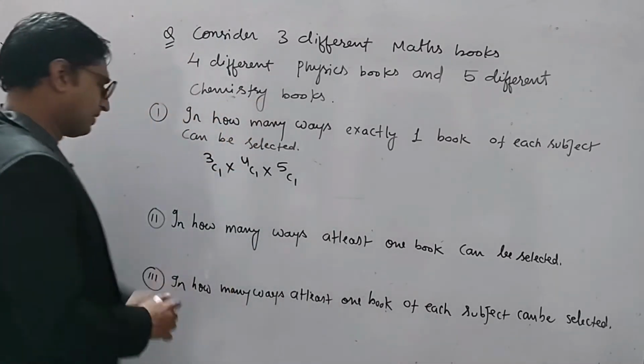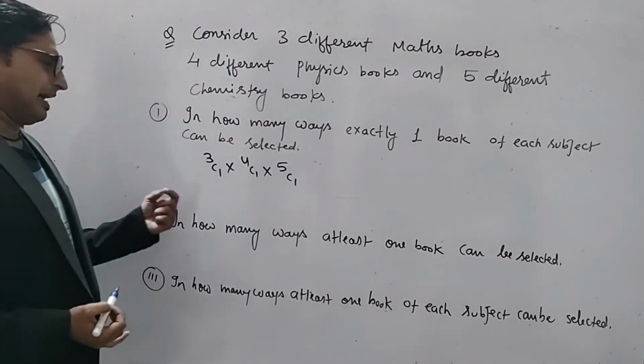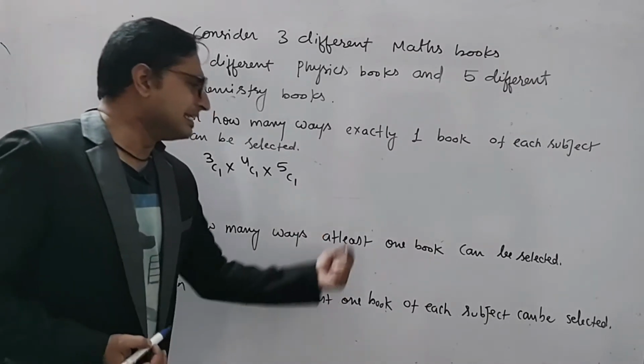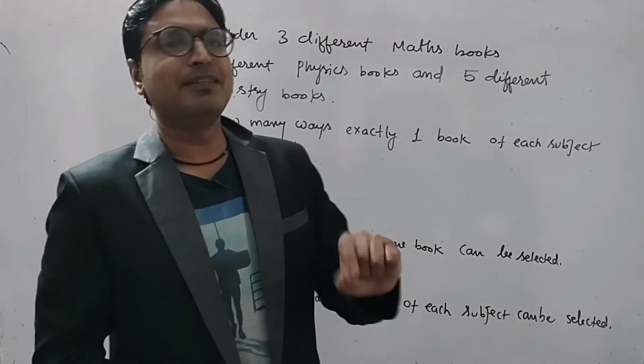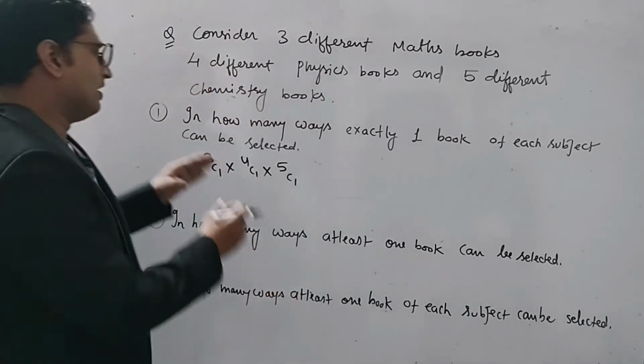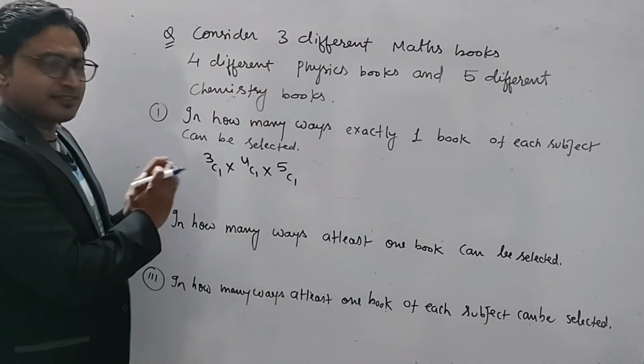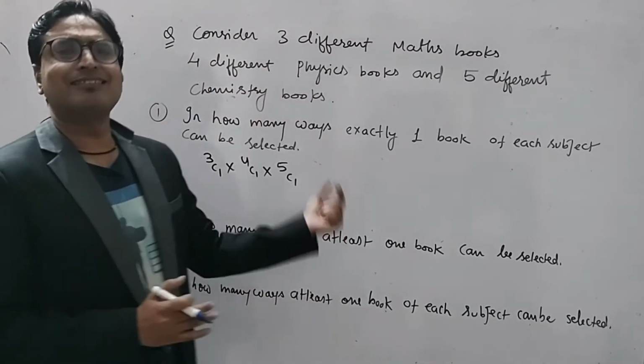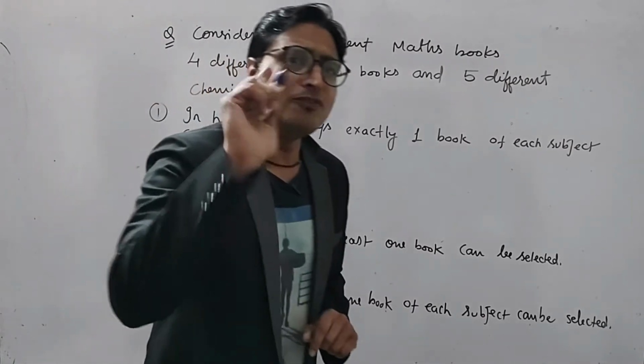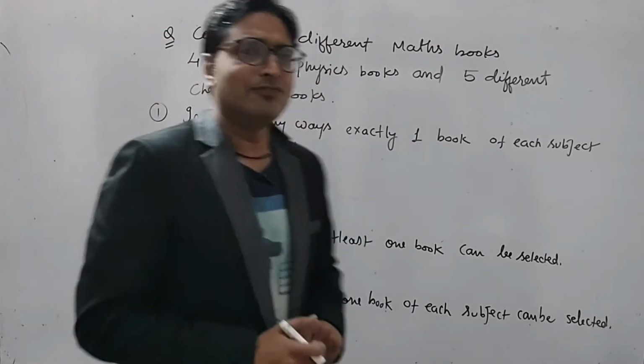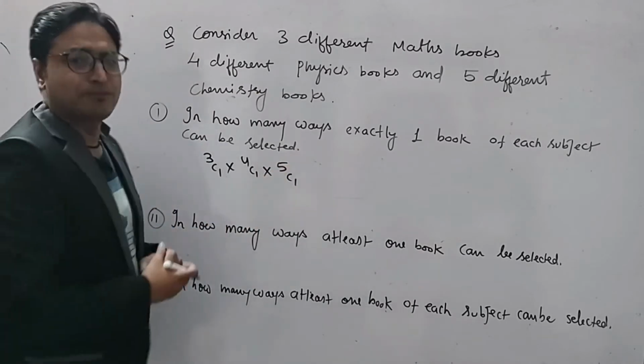Okay, now the second question is, in how many ways can at least one book of each subject be selected? So this is the basic problem, meaning if you are studying the at least and at most concept, don't forget the basic problems. That's why I have told you this basic problem.